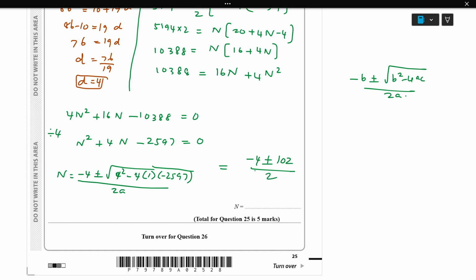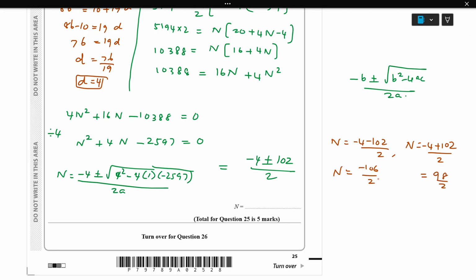So then we will take plus and minus separately. So n equals minus 4 minus 102 by 2 and n equals minus 4 plus 102 by 2. So from here minus 106 by 2, and from here 102 minus 4, which is 98 over 2.